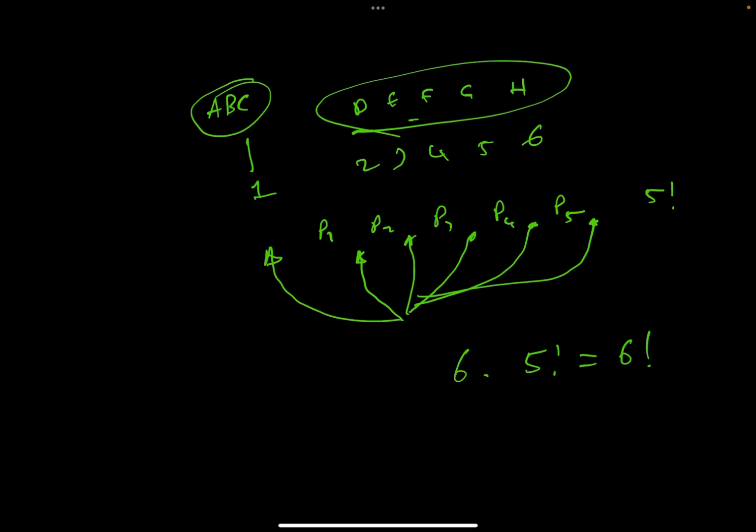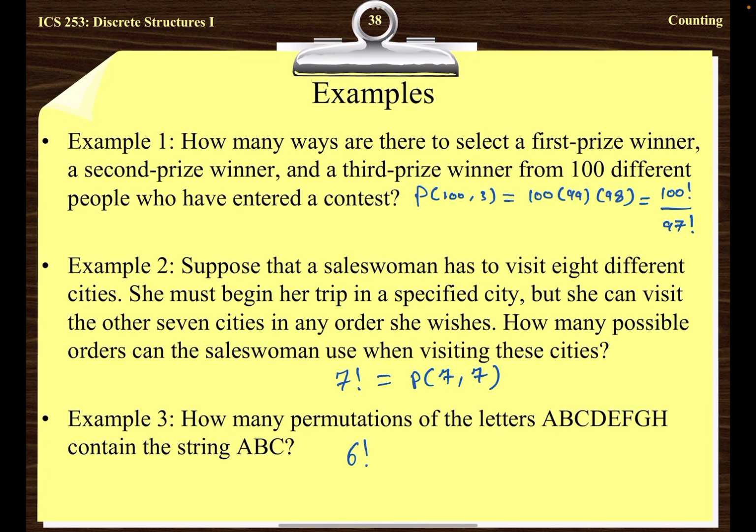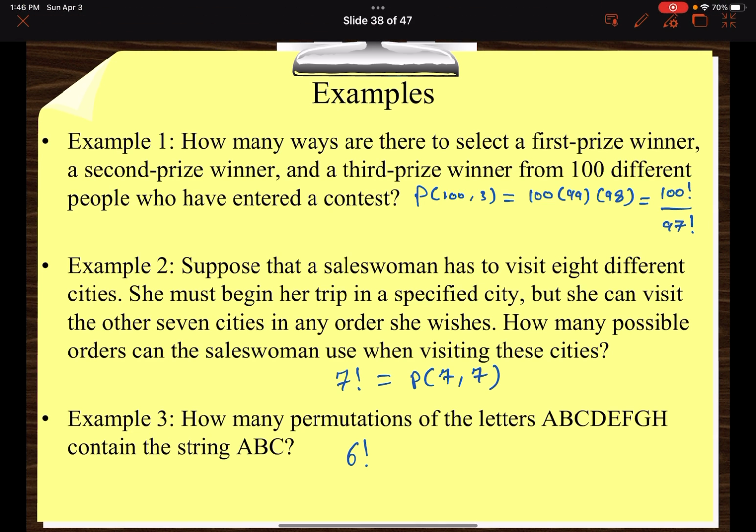So again, this is P(6,6), 6 factorial, which is P(6,6).